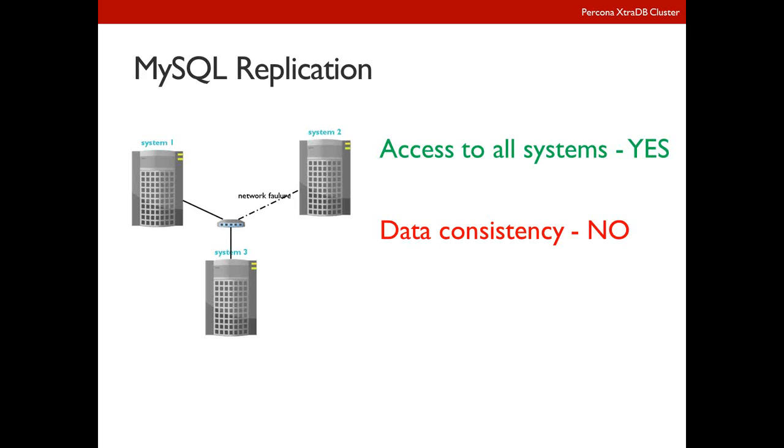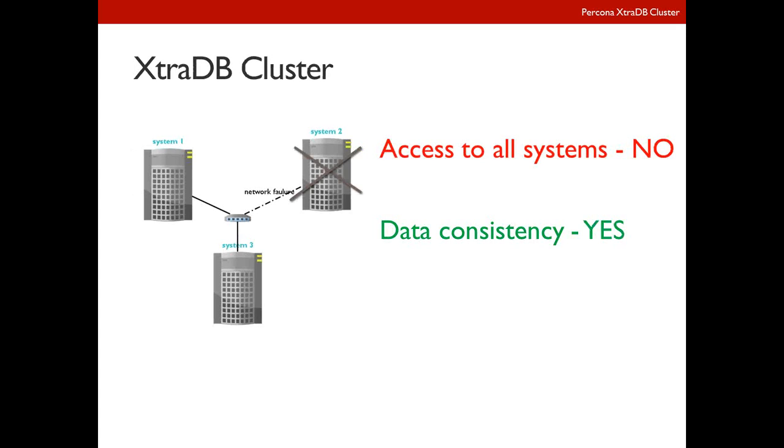Even the node disconnected from other nodes, you still will be able to connect to MySQL locally or through an available network connection and extract and change your data. However, you understand the node will not receive updates from systems 1 and 3. That means that data consistency is compromised.